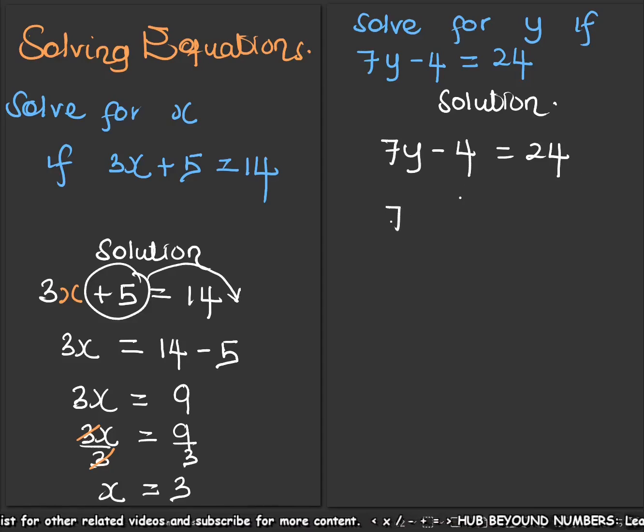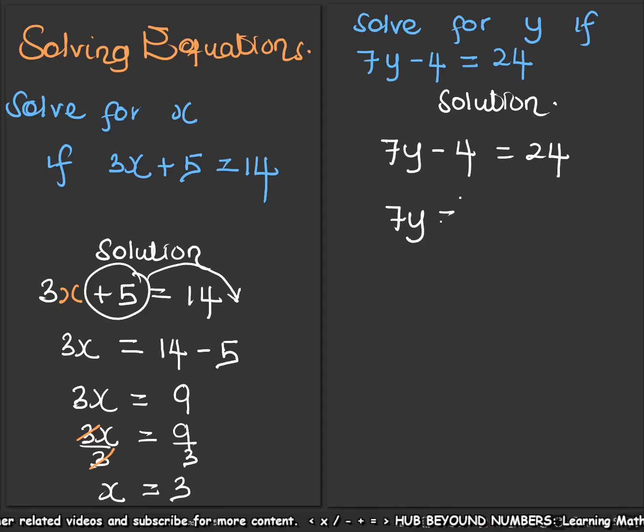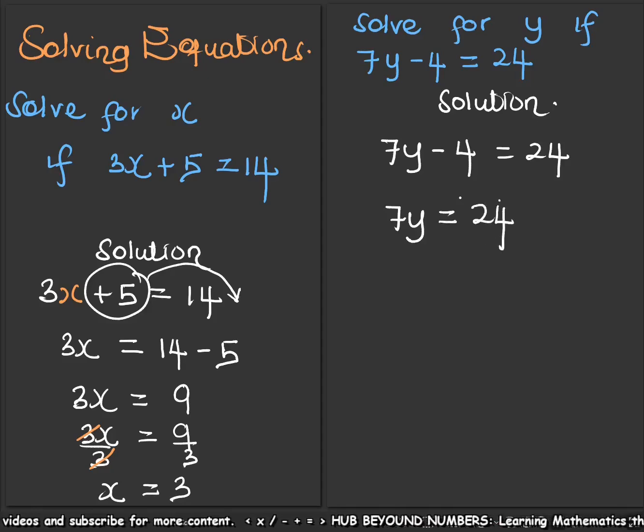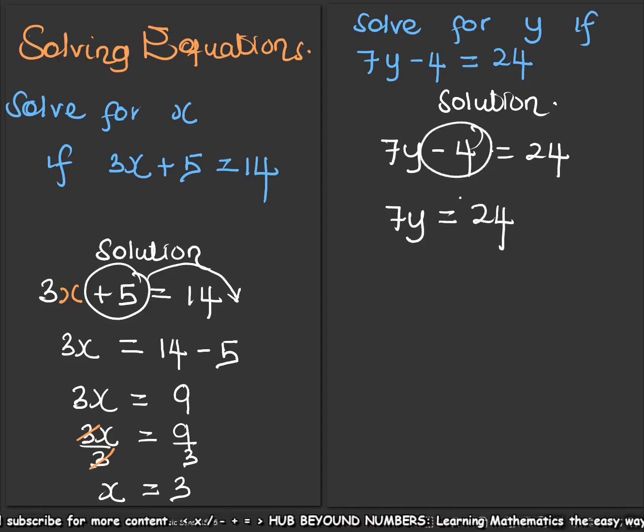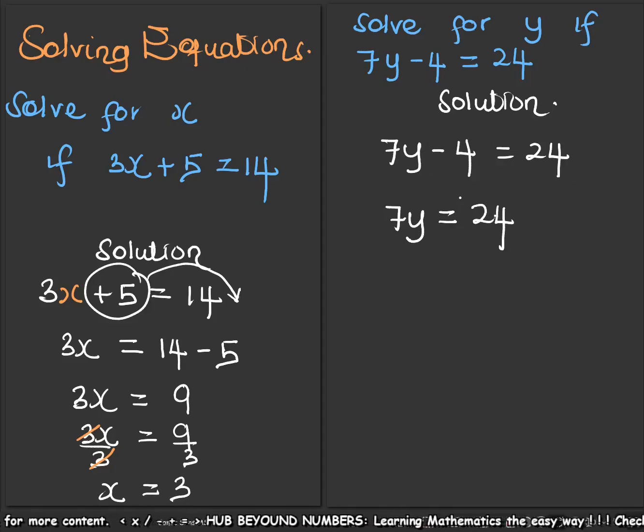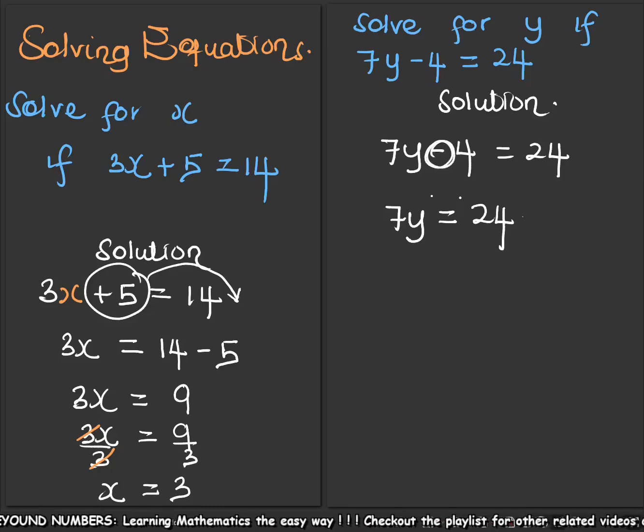So we have our 7y still there, then it's equal to 24, because you are going to bring this all the way to the other side. At this stage, it is actually negative. So if it crosses the equal to sign, it then becomes positive.